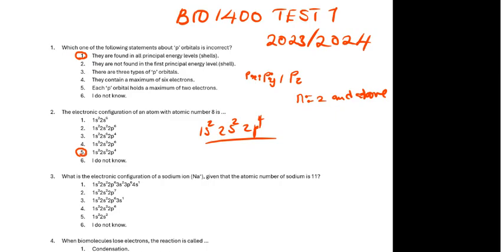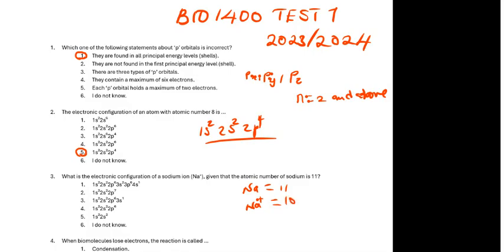Then 3, what is the electronic configuration of a sodium ion given that the atomic number is 11? So this is in neutral sodium, so atomic number is 11. For it to become positive, that means it lost an electron, so you have 10 electrons.